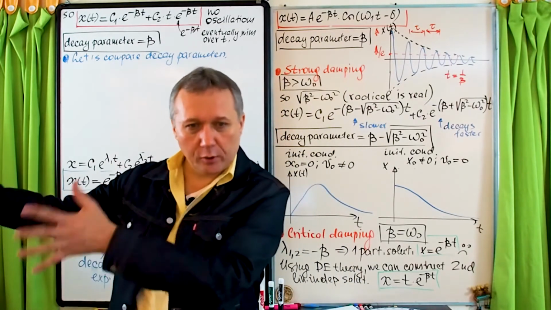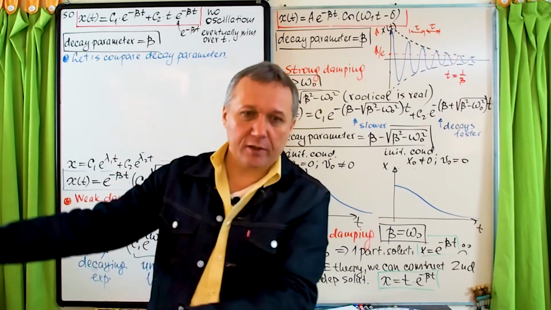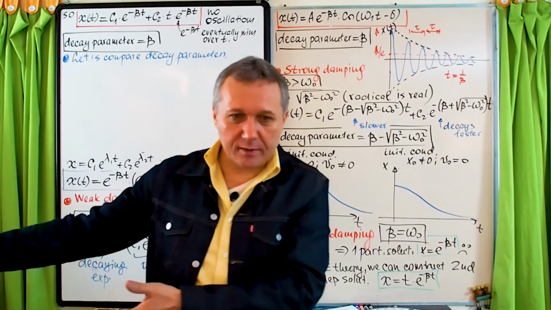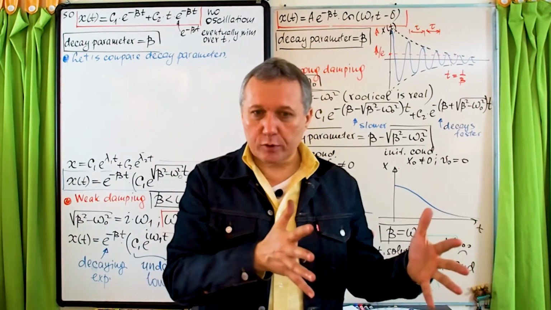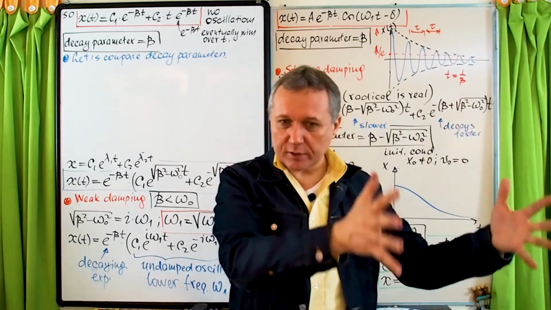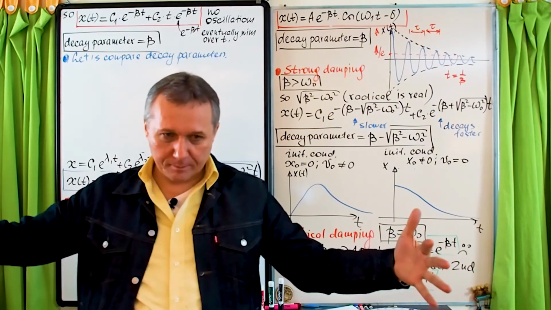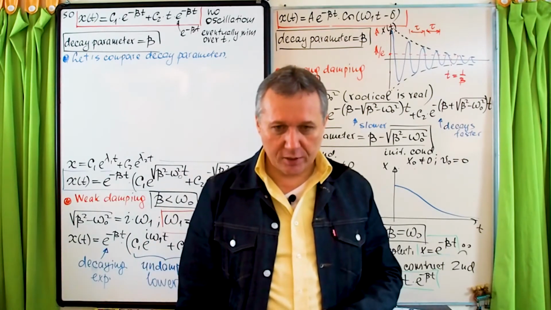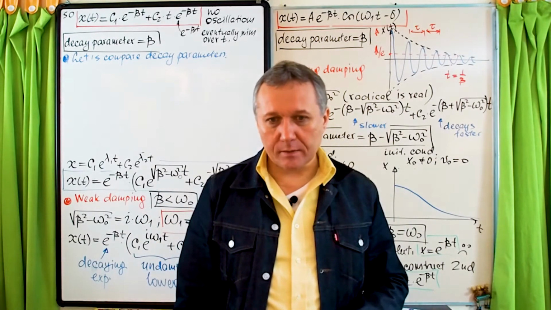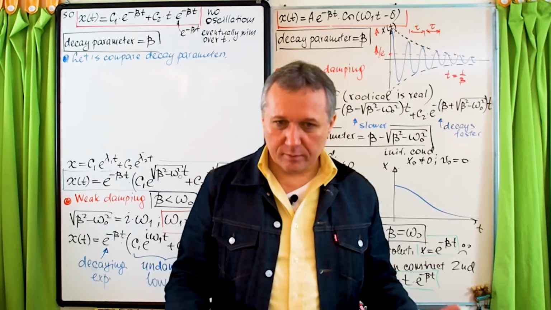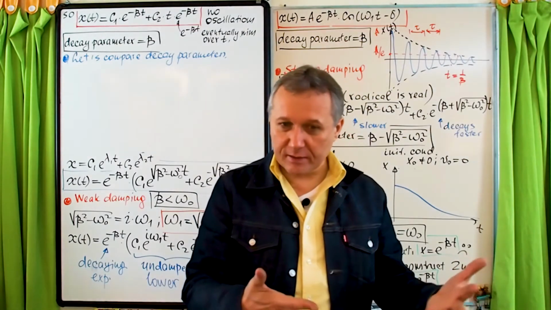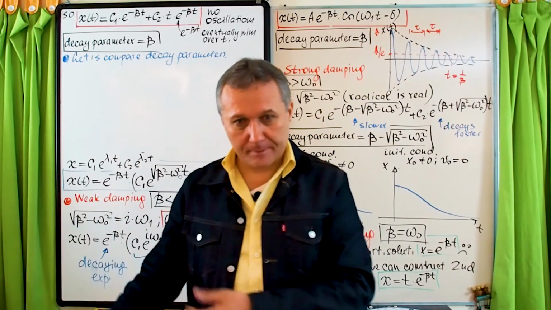Then you can put it in oil, for example, so beta will be larger. You can expose it to something else. What we're going to do is assume that omega naught is given, the system is determined, and then we'll just change beta, the damping constant. Basically, it's like exposing a system to a different medium.